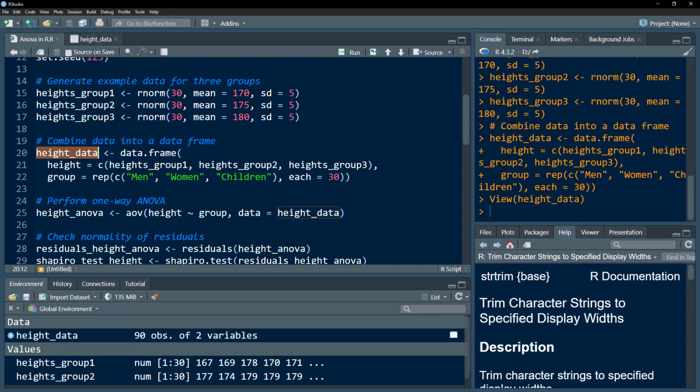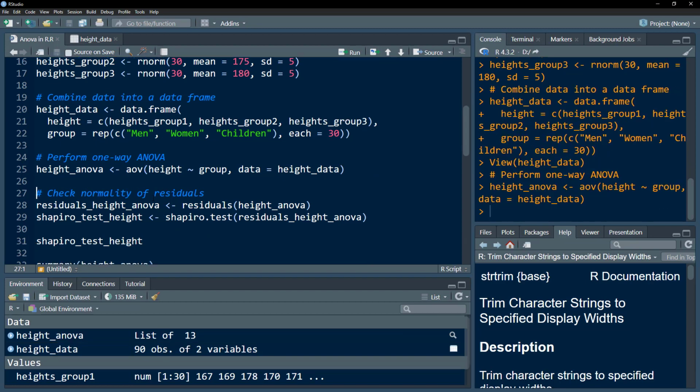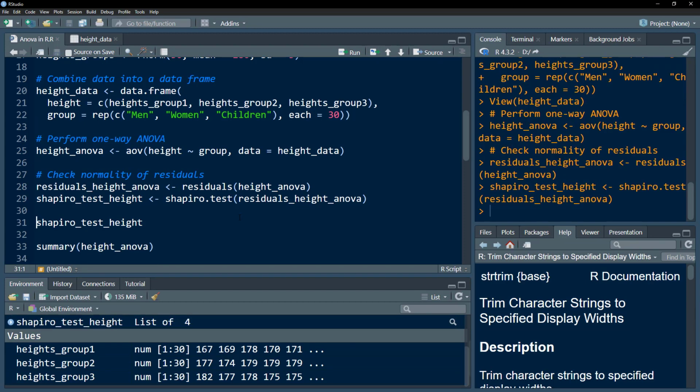Now, before we discuss the results of ANOVA, we need to check the normality of the residuals, whether the residuals are normally distributed or not, because that is one of the assumptions of ANOVA. For that, let's first extract residuals from this equation using the residuals function, and using the Shapiro test, let's test whether the results are significant or not.